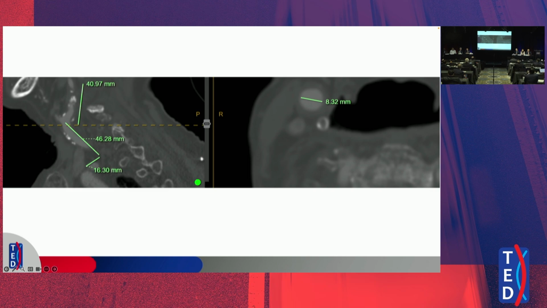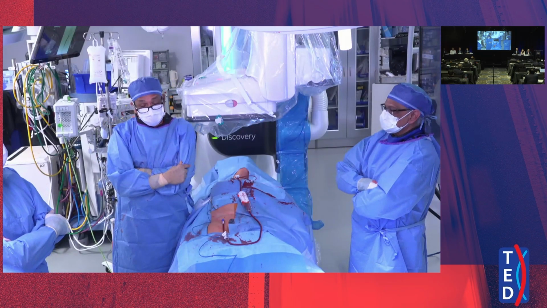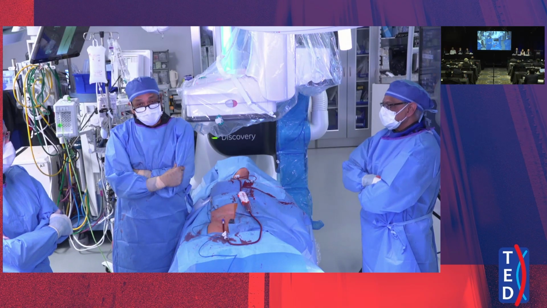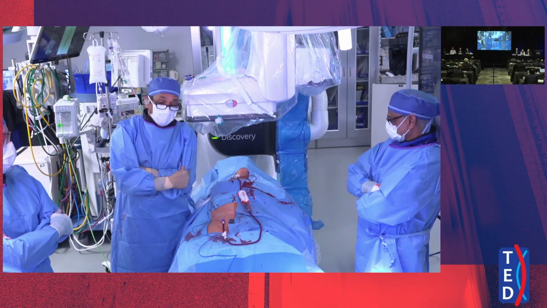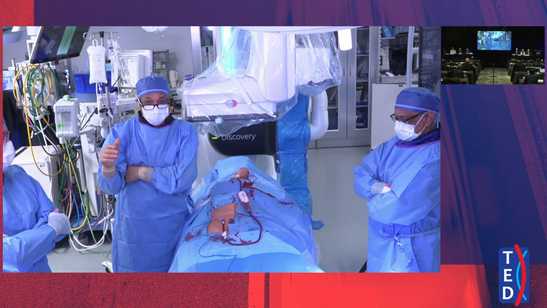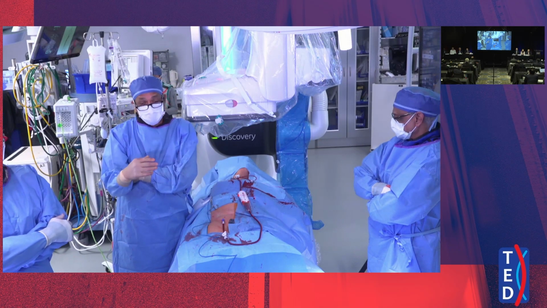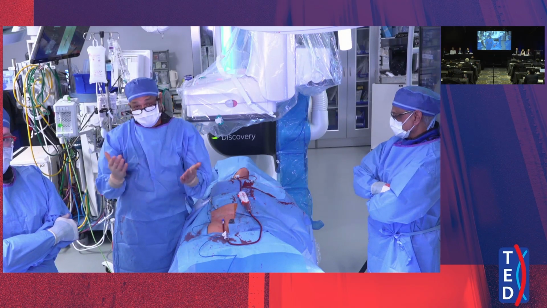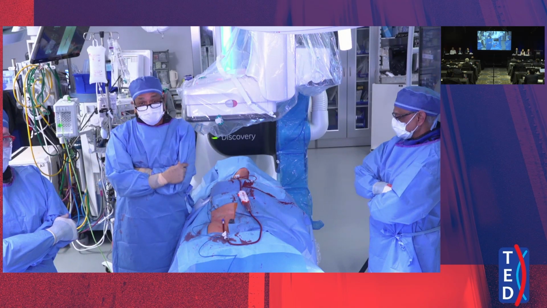Because sometimes the reversal of flow is really good in the main branches of the internal and the common carotid, but apparently the reversal of flow higher up in the brain is not as adequate, and therefore you may still get embolization, so the flow reversal is not completely 100% effective. So with this combination of a filter, reversal of flow, balloon, and stent in one, can you explain the argument for how we should use it?